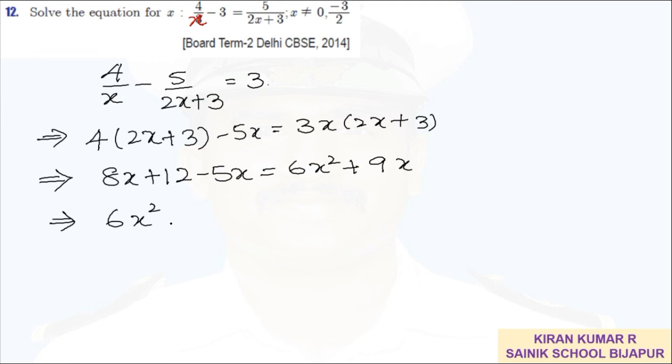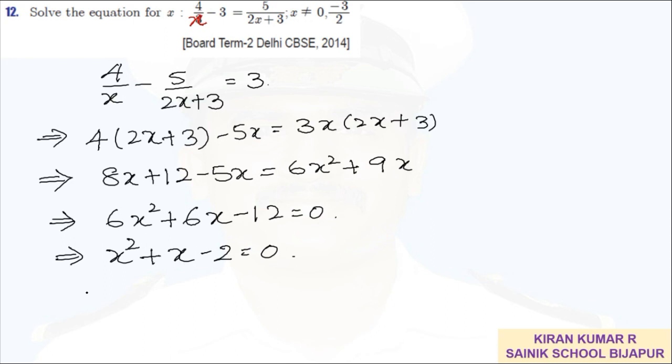Upon transposing, you'll be left with 6x square minus 12 equal to 0. Throughout, you can take 6 as common and transpose it, or else divide both the sides by 6. You'll be getting the equation as x square plus x minus 2 equal to 0.